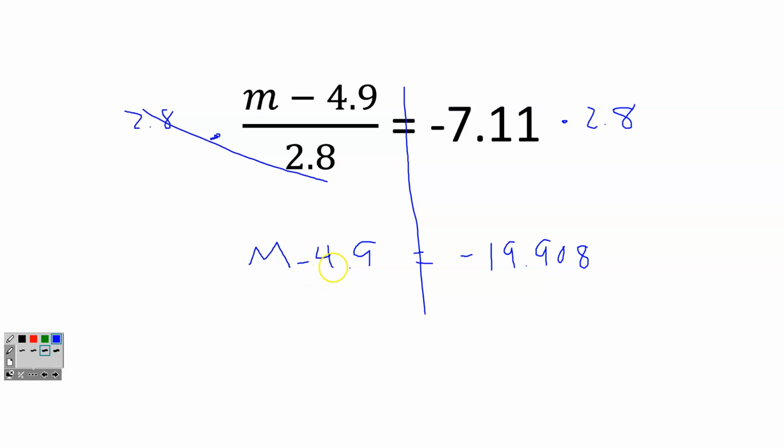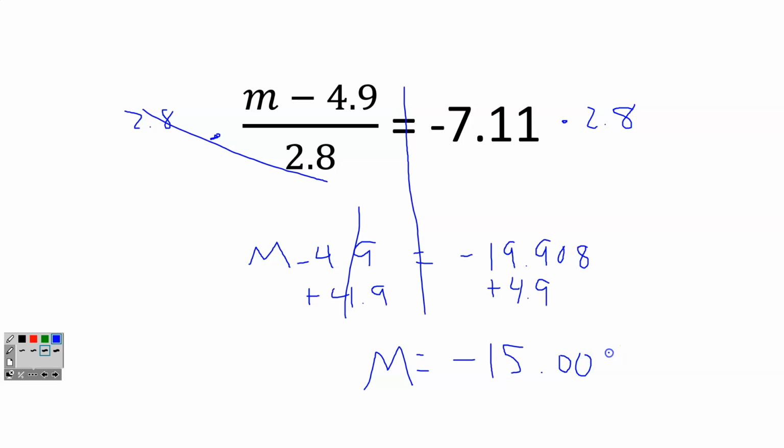The inverse operation of subtracting 4.9 would be to add 4.9. And I end up with m equals, I'm going to add negative 19.908 plus 4.9. I'm going to get an answer of negative 15.008.